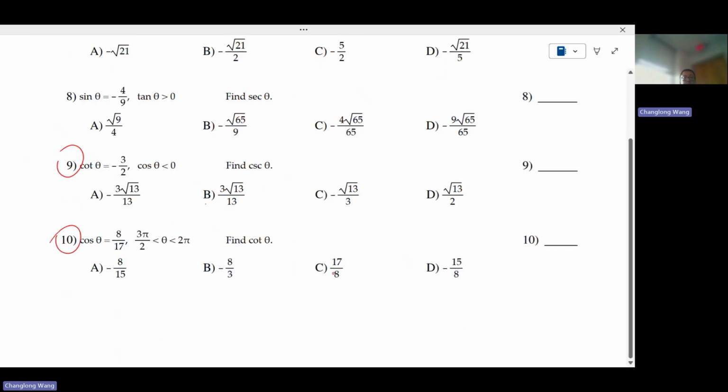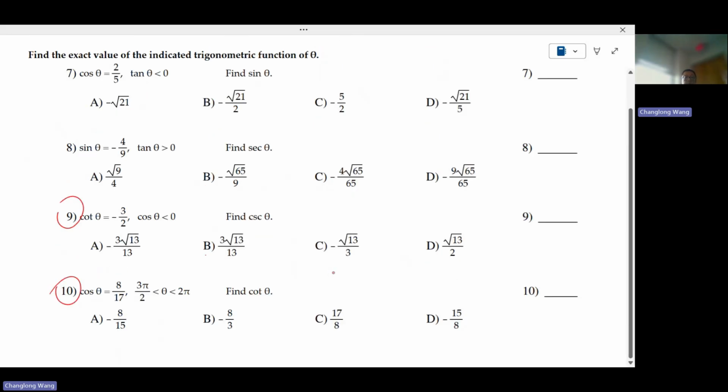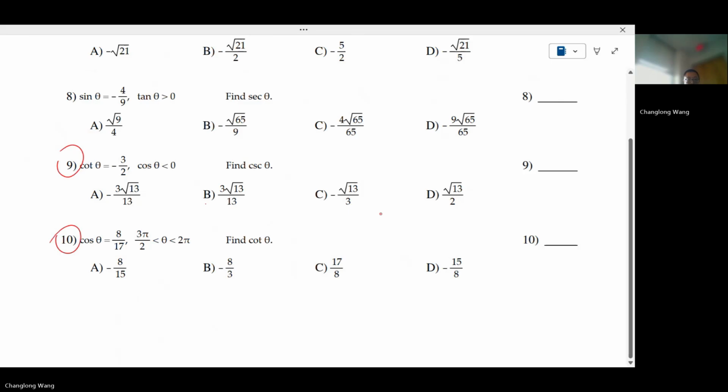All right, so now it's the same kind of question, right? So you're given a trig function, which is cotangent, right? That's a negative 3/2. I want to find out what is the cosecant given cosine has to be negative. Okay.